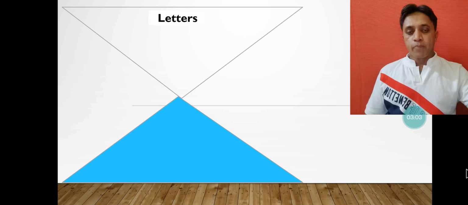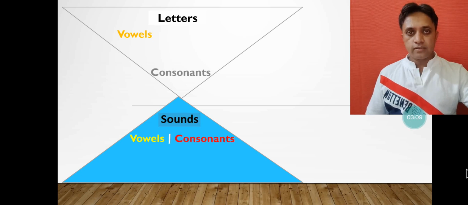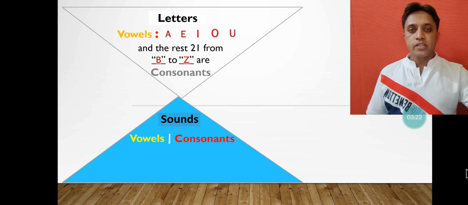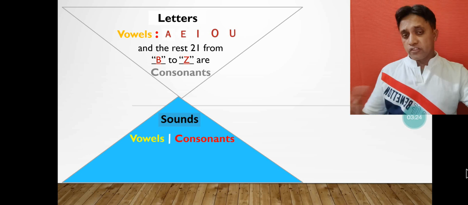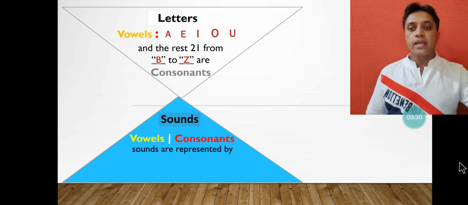In English, both letters and sounds are divided into 2 categories, vowels and consonants. Letters of the English language consist of 5 vowels, and they are A, E, I, O, and U, and the rest 21 from B to Z are consonants. As for the sounds of the English language, both vowels and consonant sounds are represented by the IPA symbols.